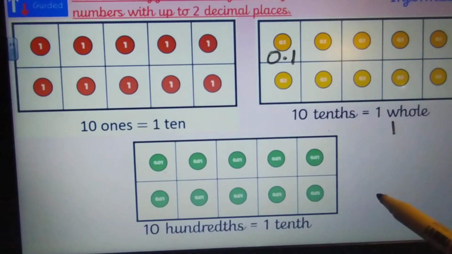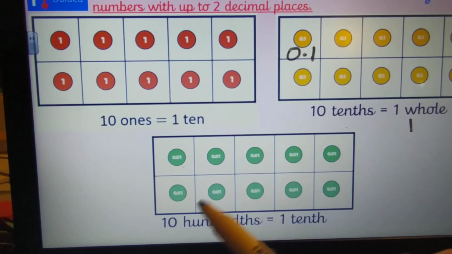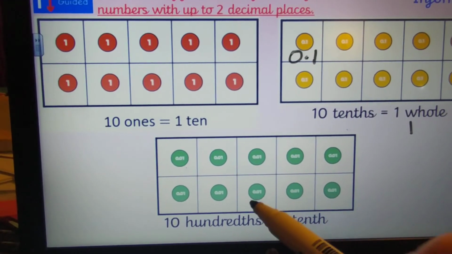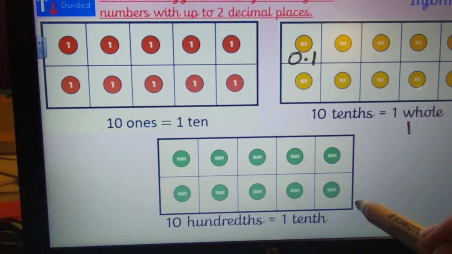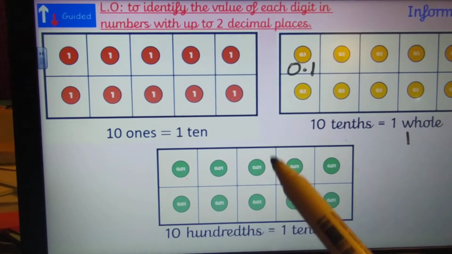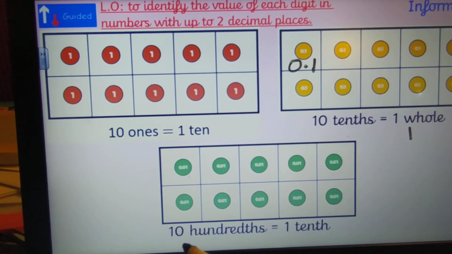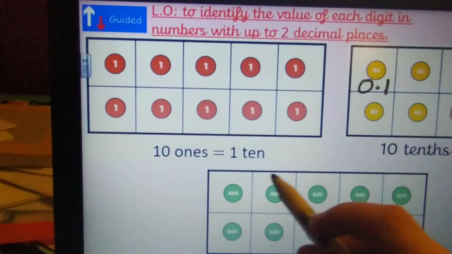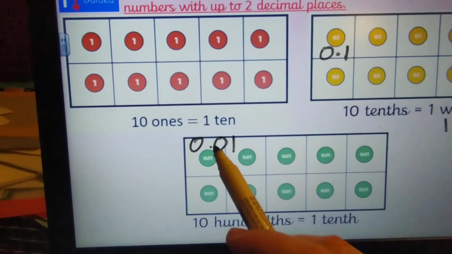And down the bottom in our little green section here, we've now split it into hundredths. So we've taken 1/10 this time. So the whole is 1/10 this time. And we have split it into 10 equal sections. And what we end up now is that 10 hundredths, and again I'll just write that on for you in case you can't see it very clearly, 0.01.